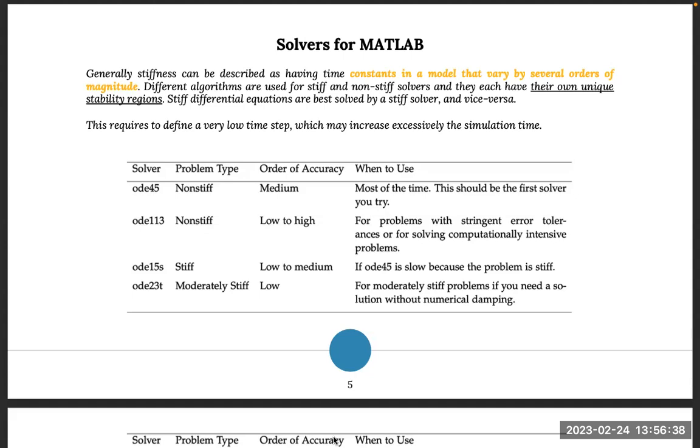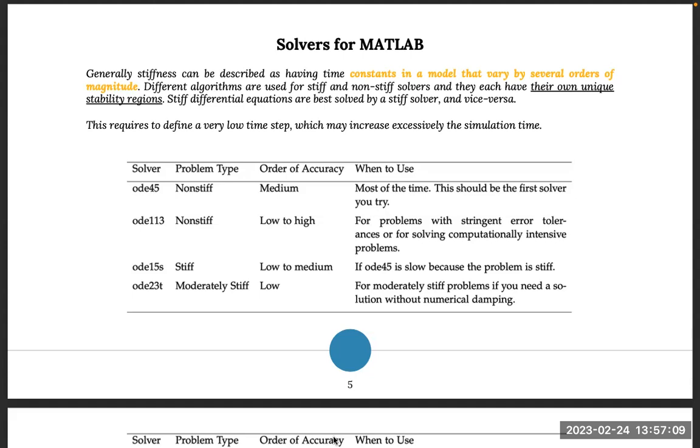But a stiff system would be, let's say, something like this, where you have some very fast dynamics and very slow dynamics combined. Let's say a solution of a stiff system would be something like e to the minus 100t plus e to the minus t.